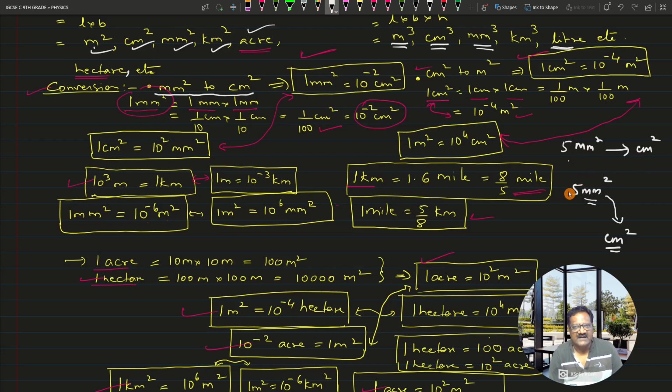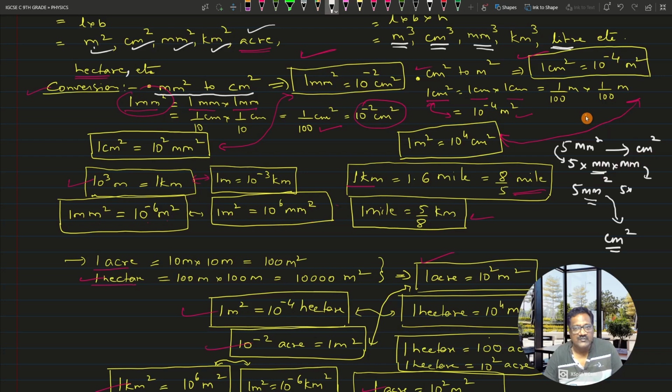Now I will write this as 5 into millimeter into millimeter. This 5 millimeter square I can write as 5 into millimeter into millimeter. Then I'm going to convert this millimeter and write it in centimeter. How will you do that conversion?